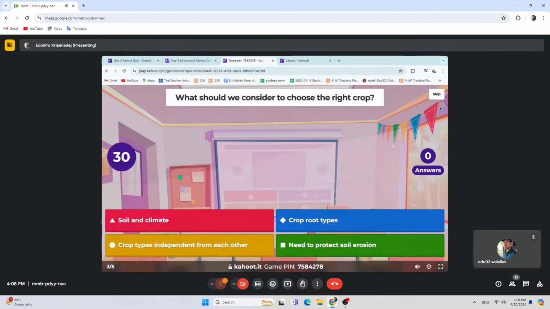What should we consider to choose the right crop? Soil climate, crop root type, crop types independent from each other, or need to protect soil erosion? Four more.